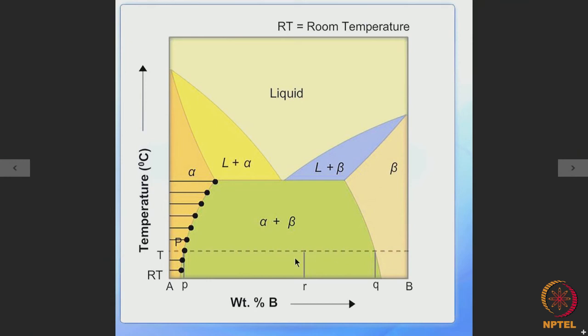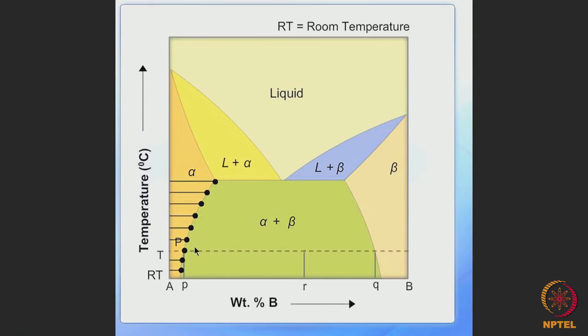So, if we make an alloy over here of this composition at this temperature, it will be the alpha phase totally. If on the other hand, we take an alloy of this composition on the other side here, it will be the alpha and beta phases both.